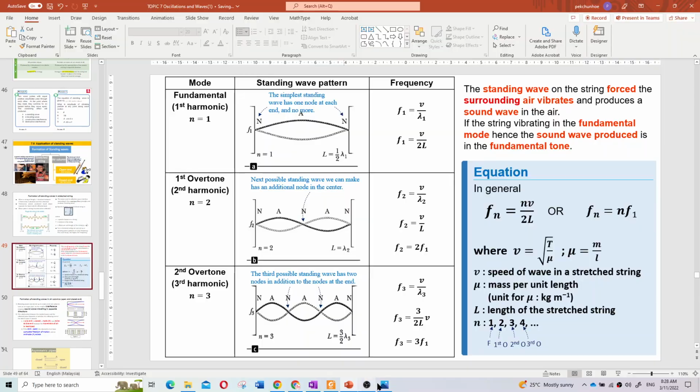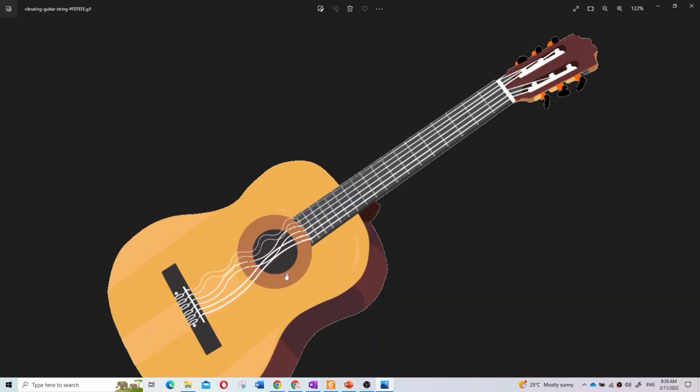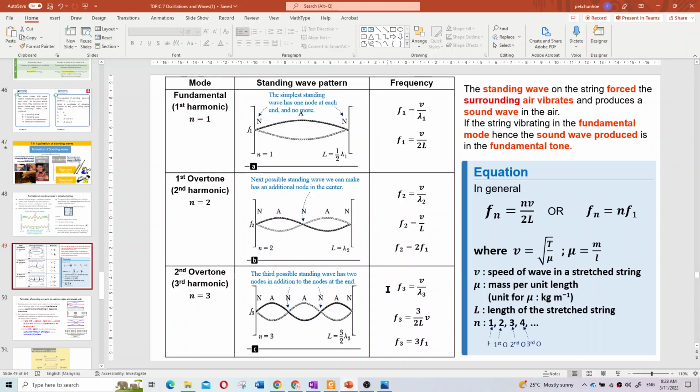You can actually create your own guitar, but you must have the material. You can create your own guitar or a simple musical instrument by using different lengths. Yeah, that's what engineers do.